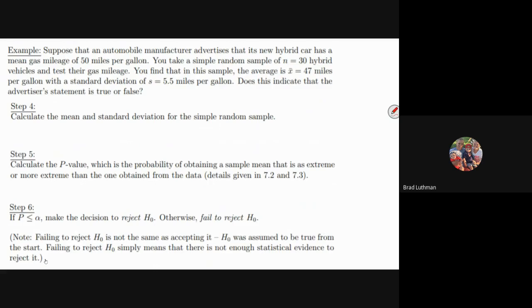Okay, this says calculate, but we actually already know these. So really what we would just be doing is recording what we know. And then it says calculate the p-value. Because we've already determined that we're going for a z-test, all right, you can go into your calculator.